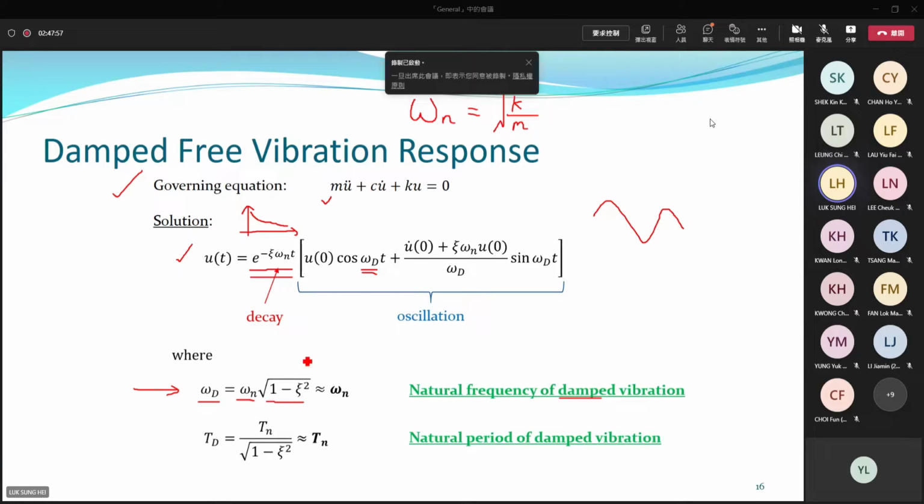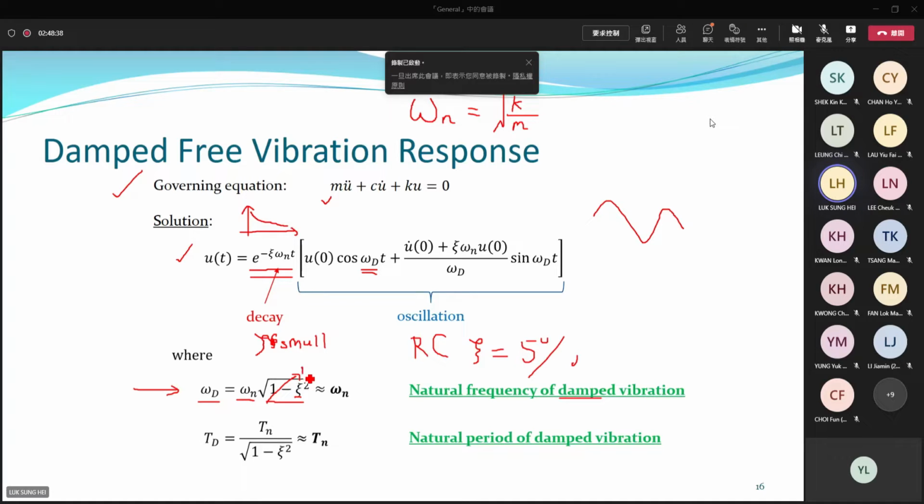Because we are considering small damping, the damping ratio is small. How small? Let me give you some numbers. For example, for RC structures, the damping ratio is normally taken as 5%. 5% means 0.05. 0.05 squared becomes an even smaller number, right? 1 minus a small number is approximately equal to 1.